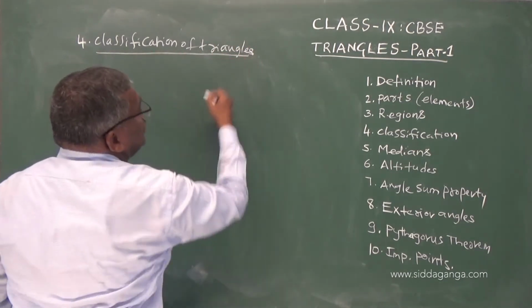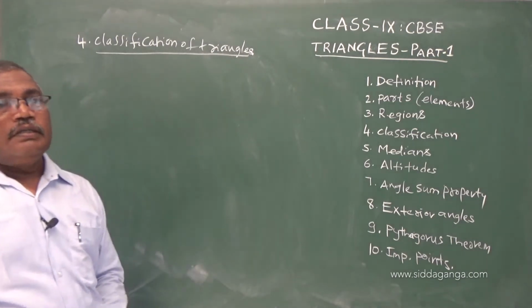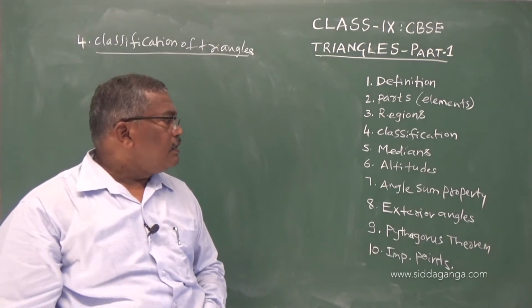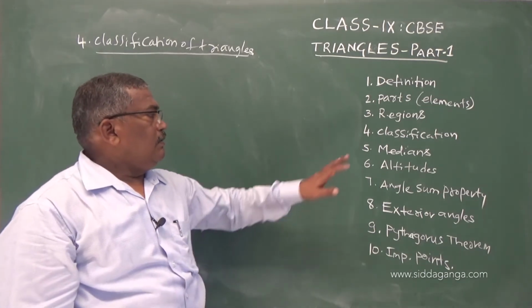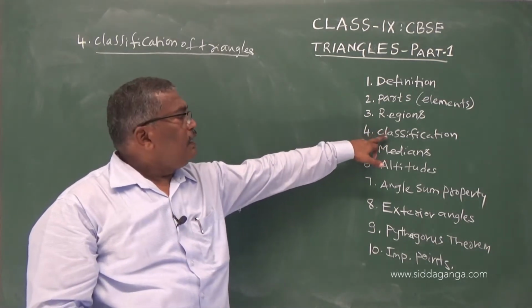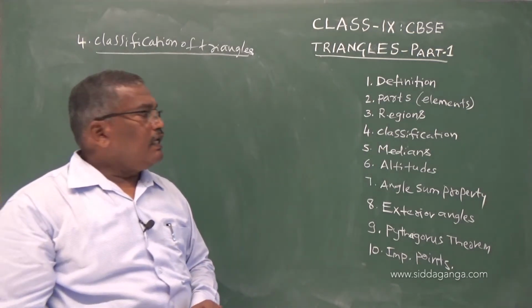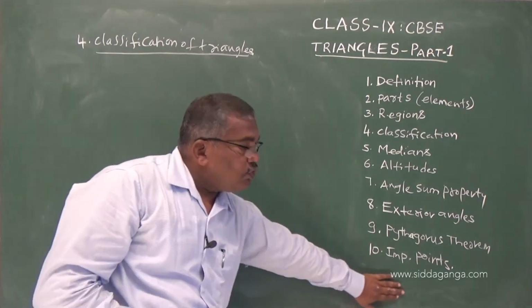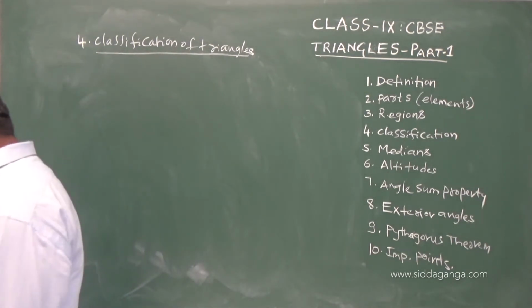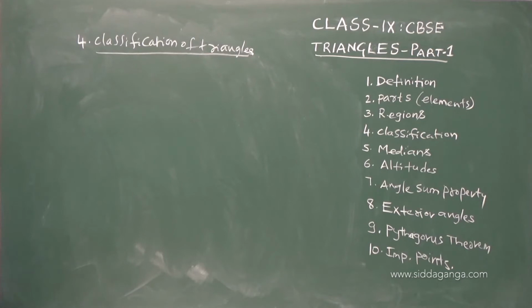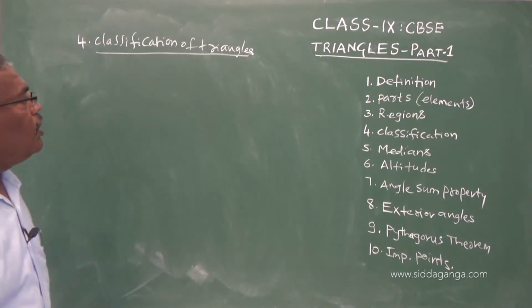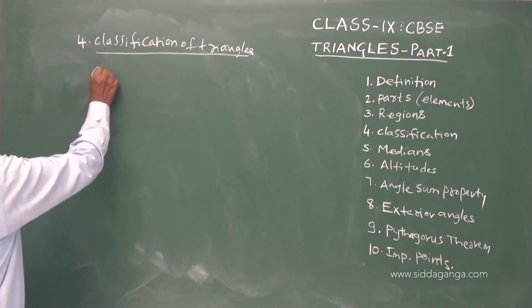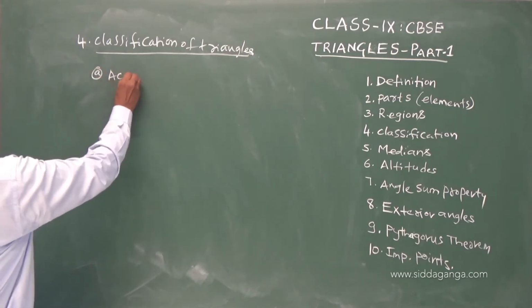You see, under classification, we have studied in the previous class also under lines and angles. So, I will give an idea once again. Classification of triangles is made in two ways. So, depending on the angles, I will write here according to angles.